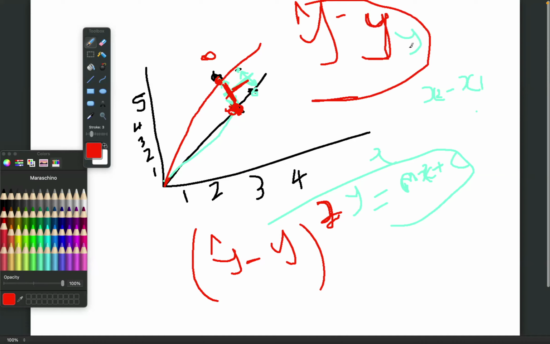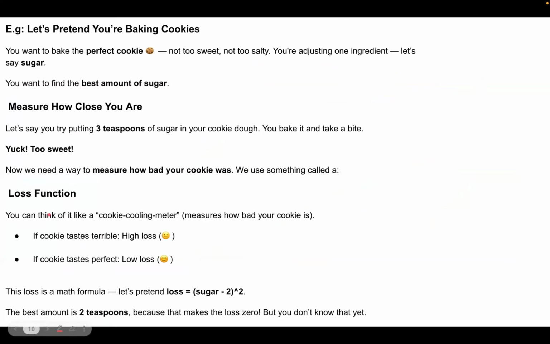So let's assume we need 2 spoons of sugar, which is now the correct thing, to have the correct taste, as we said right here. So the best amount should be 2 spoons of sugar. But let's assume we don't know yet.